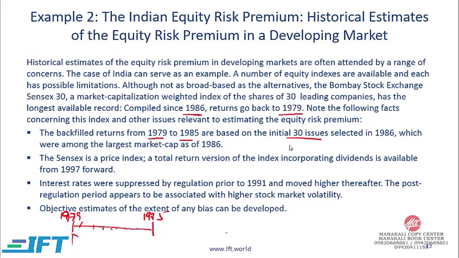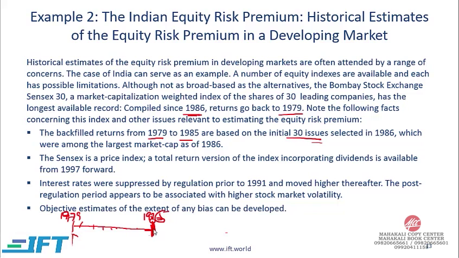So some of you might be wondering where that survivorship bias came from, so I'm just going to explain it. The index was created in 1986, and in 1986 the index had the 30 best companies. Then the returns were taken from 1979 onwards.